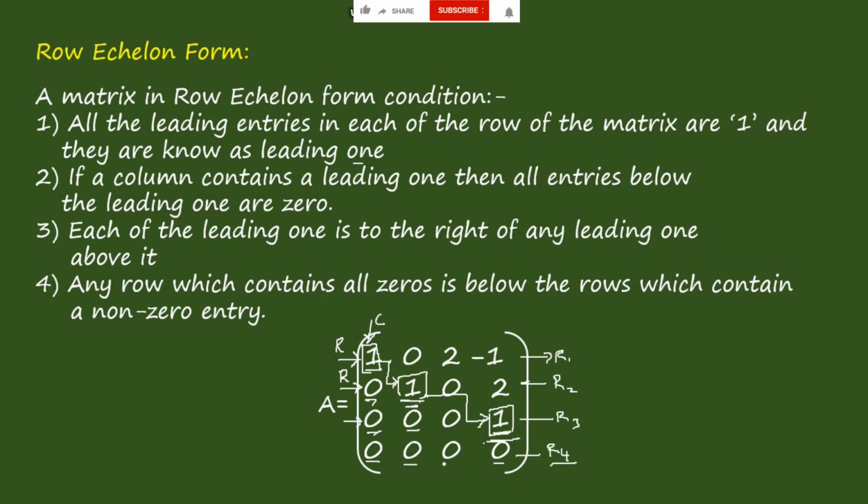All of them are 0. It should be below all the rows which have non-zero entries. You can see that these three rows have non-zero entries, so the zero row should be below the non-zero rows. These are the conditions of a row echelon form.